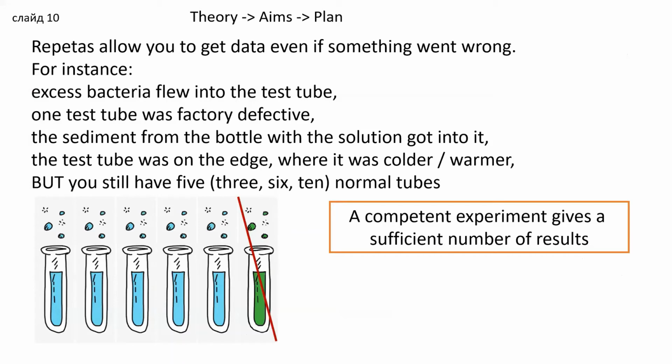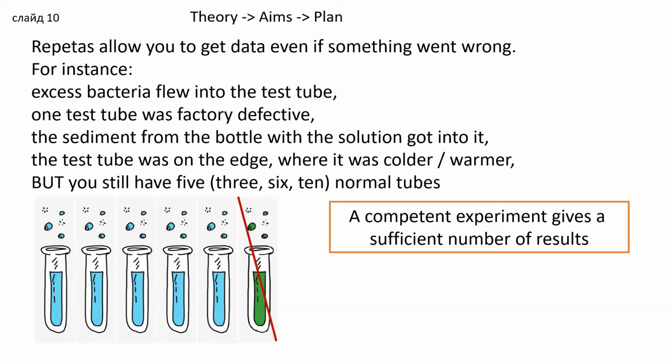So apart from these controls that show that your parameters are really controlled, you have to make controls that allow you to get data even if something went wrong. For instance, an excess of bacteria in just one test tube, or just a factory defect of one test tube, or sedimentation in the bottle with your buffer or your treatment solution, so that all the end volume came into the same test tube.